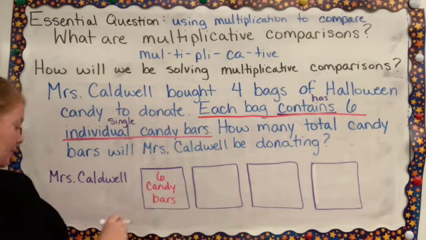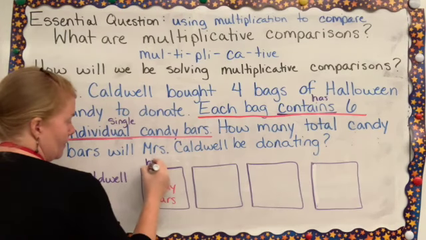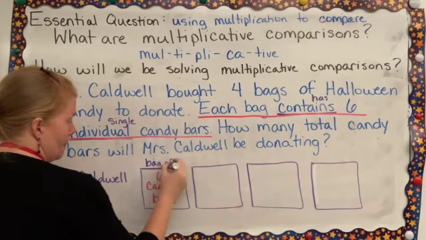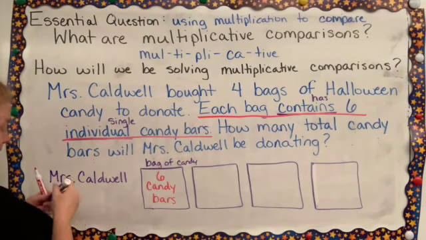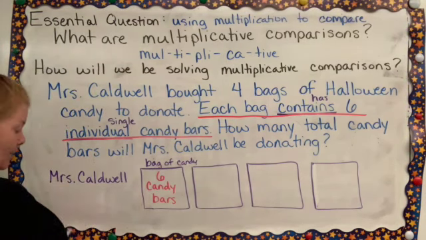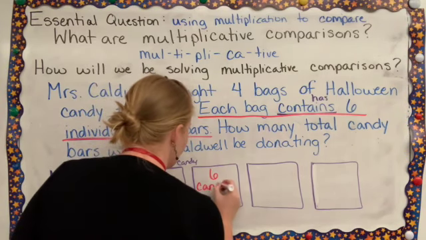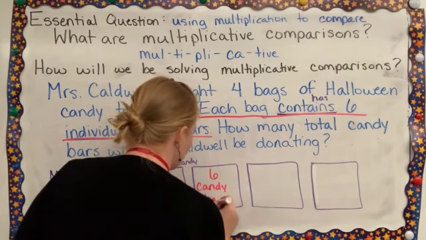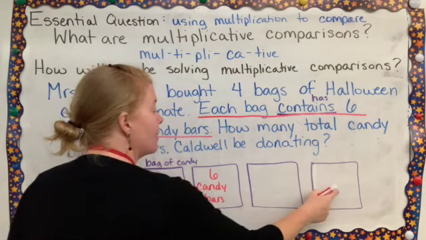So this purple is my bag. Inside of it, there are 6 candy bars. If this one has 6 candy bars, how many does this one have? You better believe it. 6 candy bars. I keep going, this one has 6, and this one has 6.